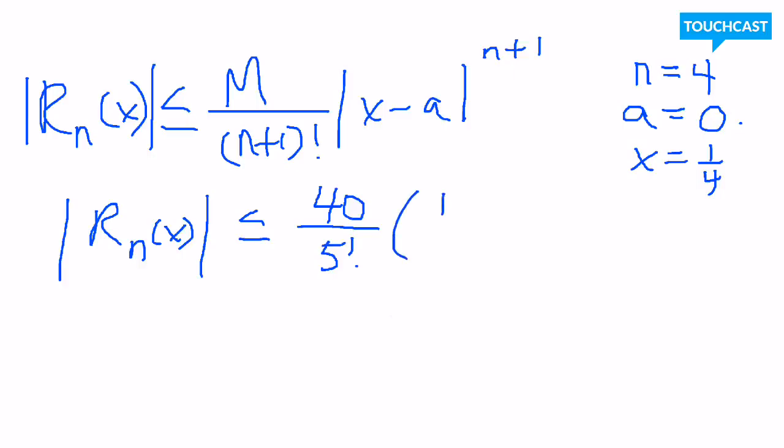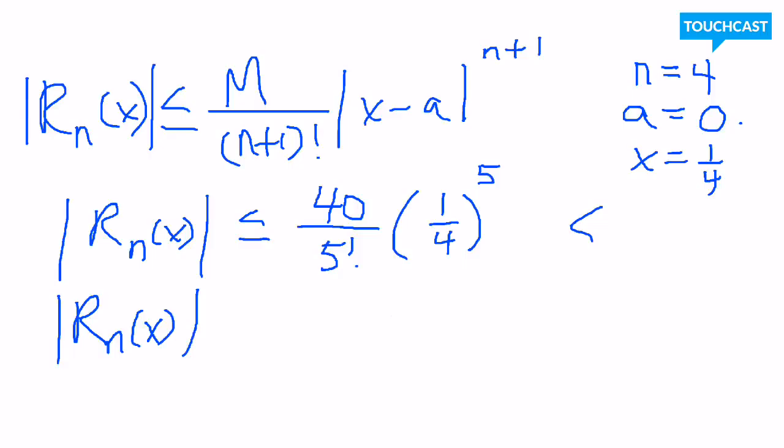This is going to be 1/4 to the n plus 1, which is 5. So I know my error is less than, and then I'm just going to do enough algebra to prove what they wanted, which is that this is going to be less than 1/3000th. So I'm just pretending I put that in parentheses because I just want to simplify enough to get down to this.